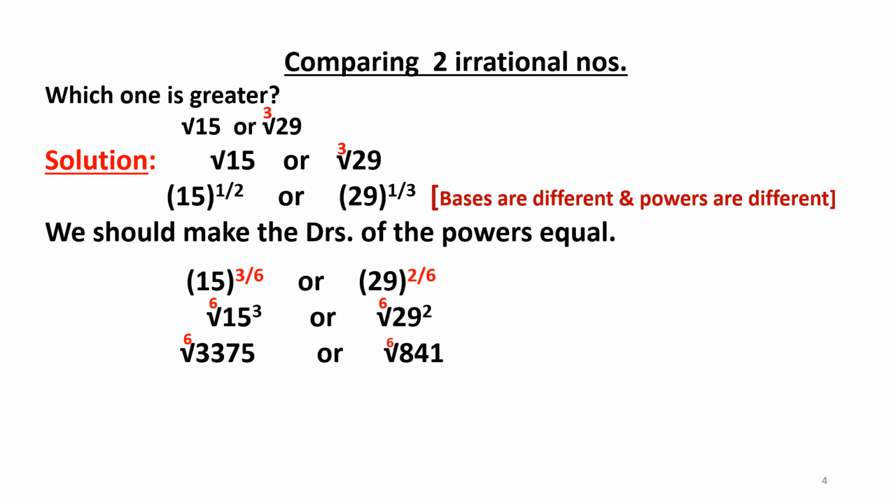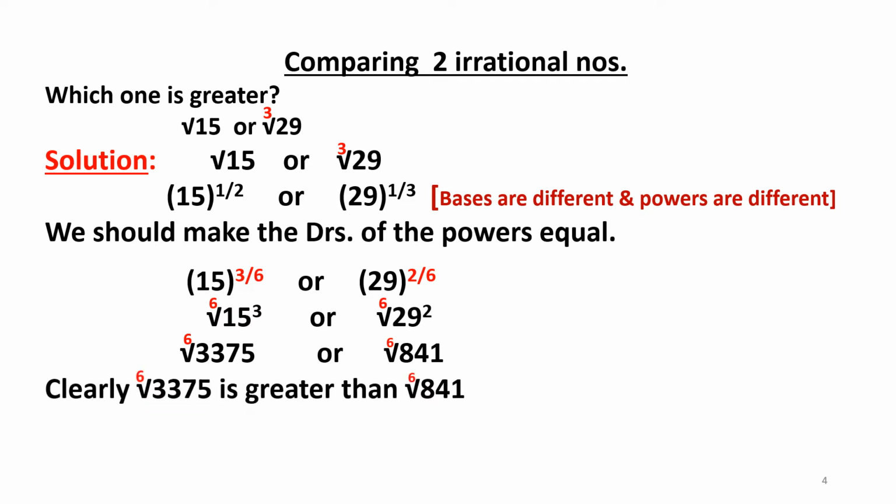Both their powers are equal. Easily we can compare. So 3375 is greater than 841. So 6th root of 3375 is greater than 6th root of 841.